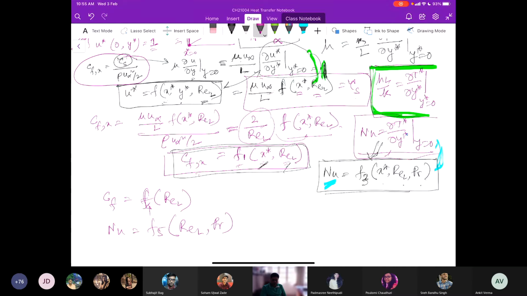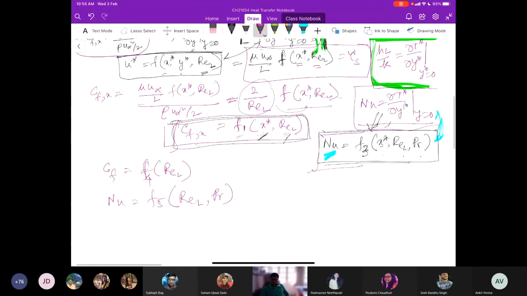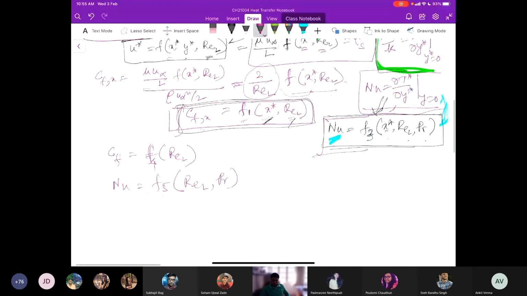Because eventually we have to integrate these to have the average throughout the domain. Integrate with respect to X, and then this X function would be gone. So the functional form is essentially these two.